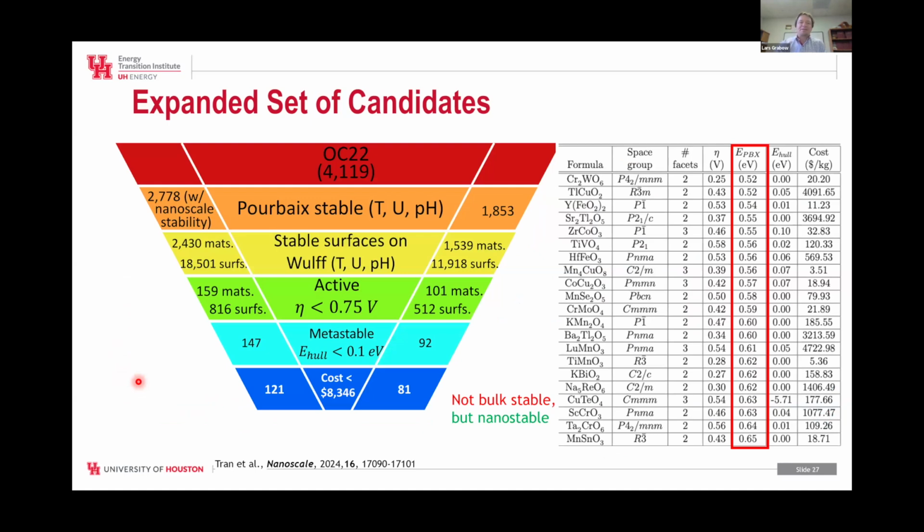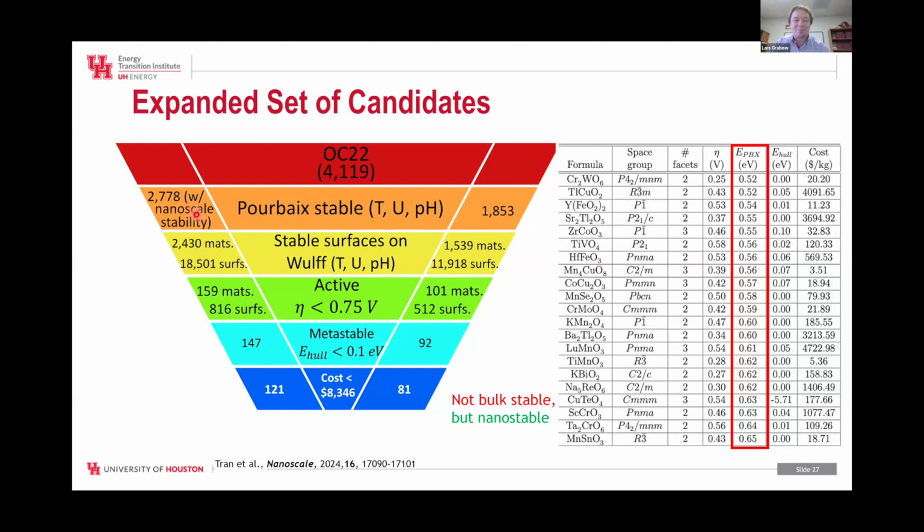Now, if we consider that, we are now reanalyzing our workflow. And so if we now follow the materials on the left-hand side, instead of just having 1,800, we were able to find 2,700 materials that are Pourbaix stable. So that's almost 1,000 materials more. So 25% of the initial candidate pool has now been added as a nanoscale stable material.